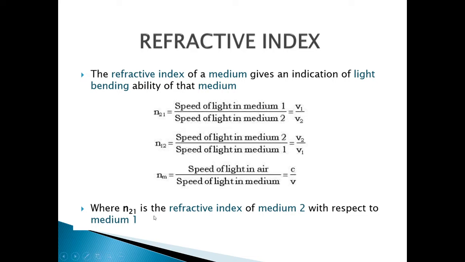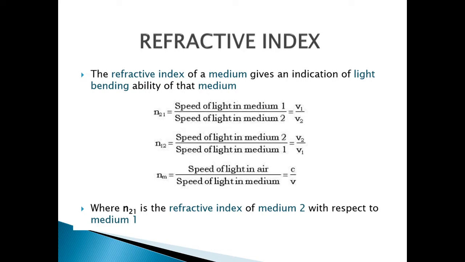So N21 is the refractive index of medium 2 with respect to medium 1. Light travels from medium 1 and passes through medium 2. After it passes through medium 2, you are calculating how much the speed has changed.